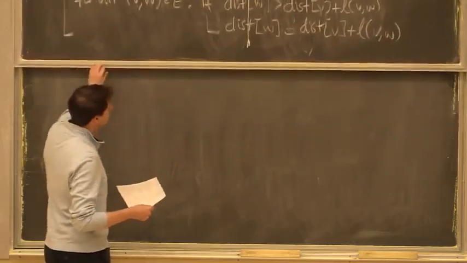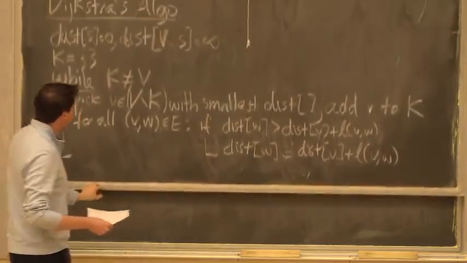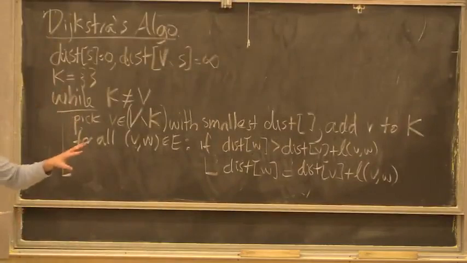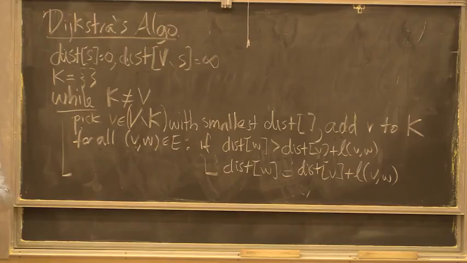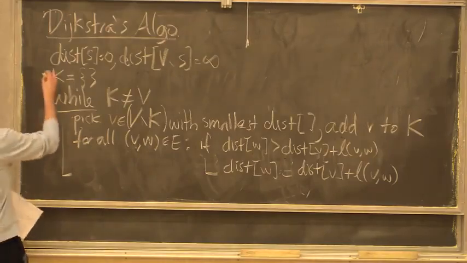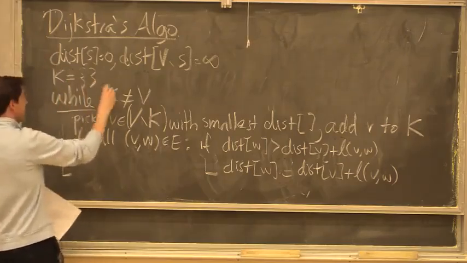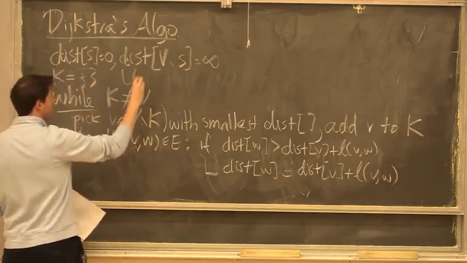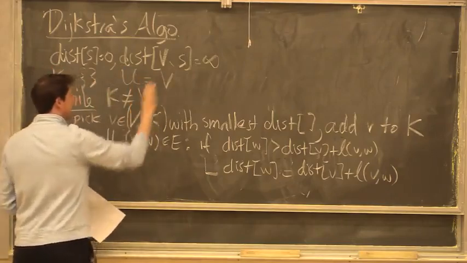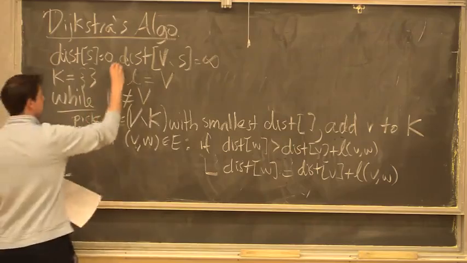So the first thing we're going to do is negate the logic. Instead of starting with an empty known set, we're going to start with a full unknown set. So here, instead of K being empty, I say, U for unknown, please start to be everything.